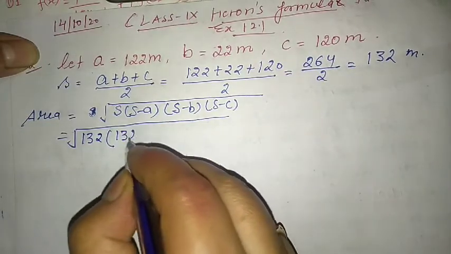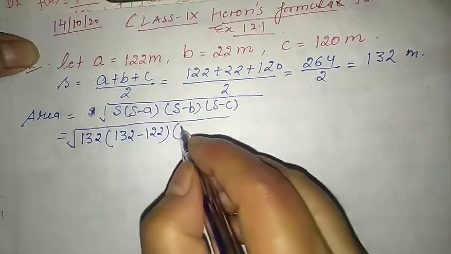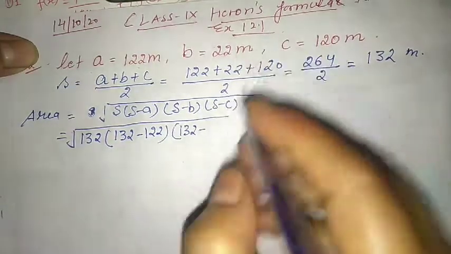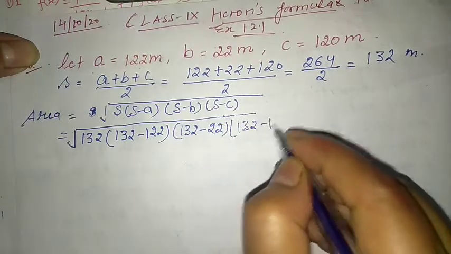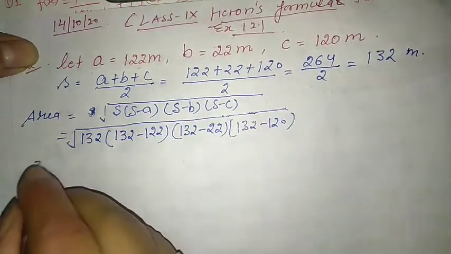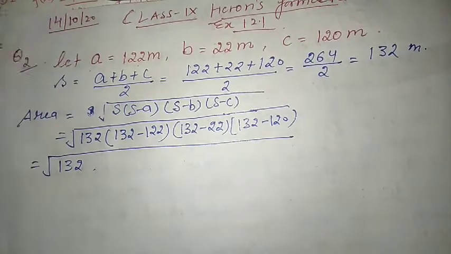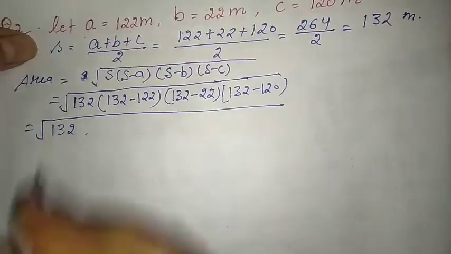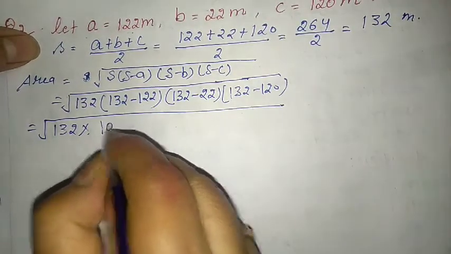So here we have under root, S is 132, then 132 minus A, which is 122, 132 minus B, B is 22, and 132 minus 120. This is under root 132. We'll subtract here and get only 10.